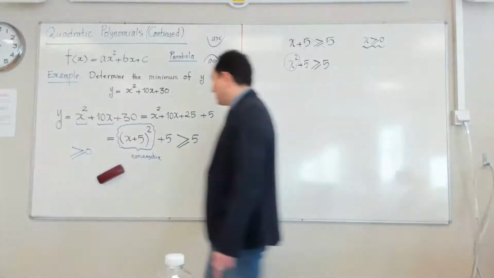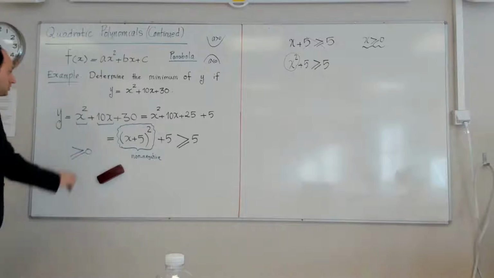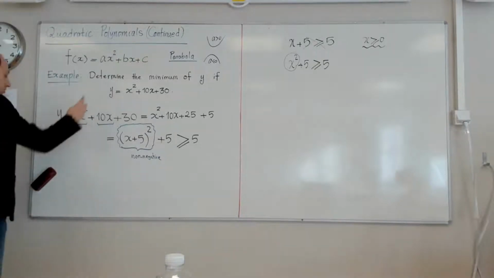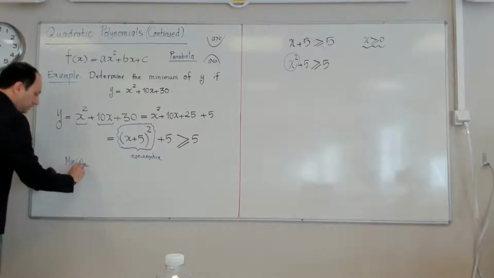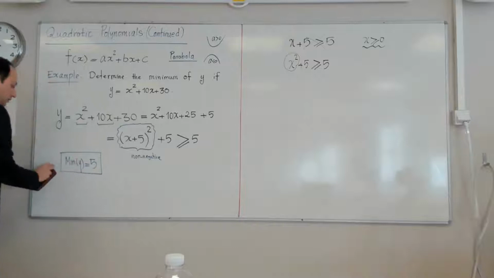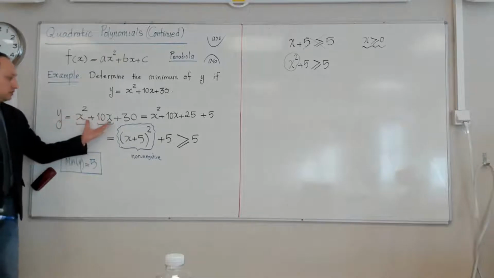This is more or less the same thing, only I have a 5 here. So now if I ask you what is the answer to this question, you would say that the minimum of y is equal to 5. I hope that every one of you understands what's going on. So y is equal to this.